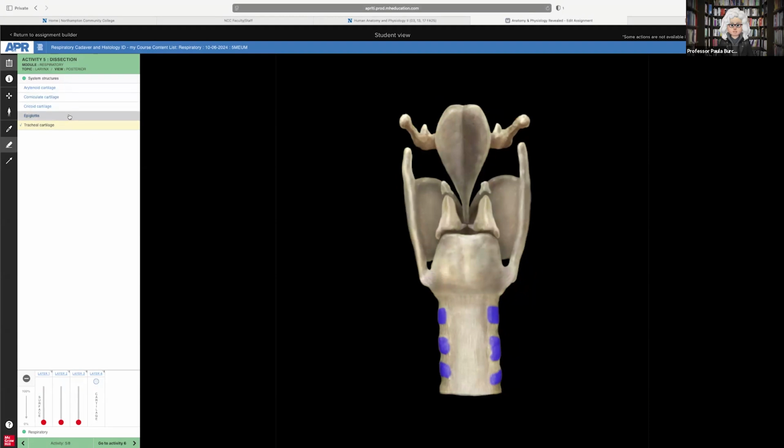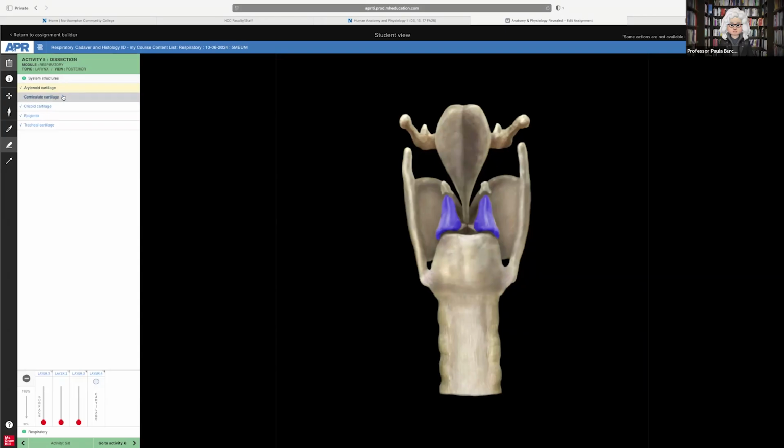Let's look at some of the cartilages of the larynx. There's the epiglottis again. There's the cricoid. You can see how it is thicker or wider in the back. We're also going to have some cartilages up here. We're going to have these larger ones called arytenoids, and they are important in voice production.